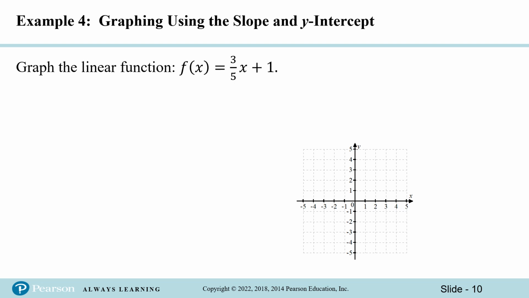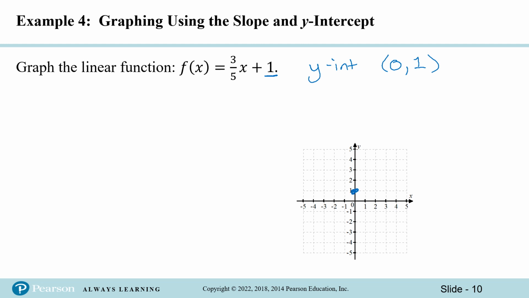The first thing we have to do is find the y-intercept, and we know that's when x is equal to 0. Because this is in slope-intercept form, this number right here will give us our y value. If you don't happen to remember that, you can plug in x equals 0 and you will get the same result. So plot that point first.